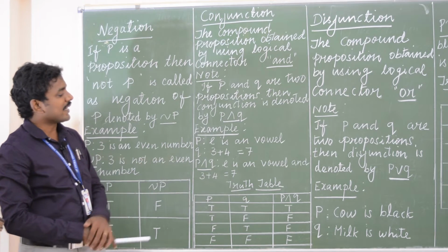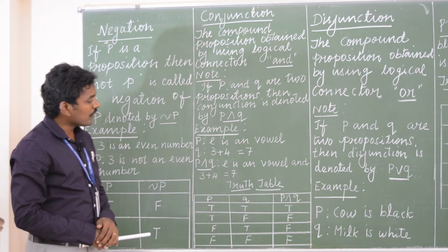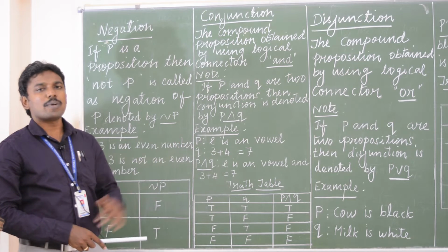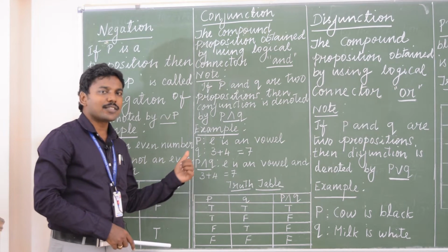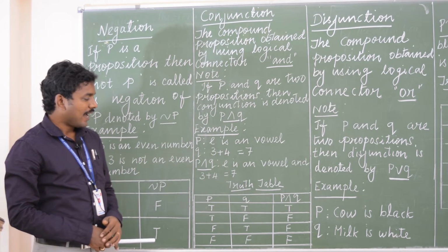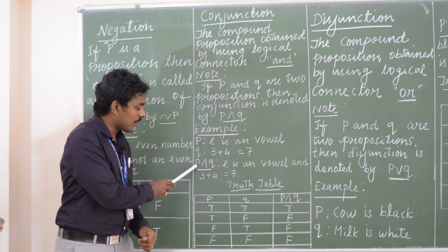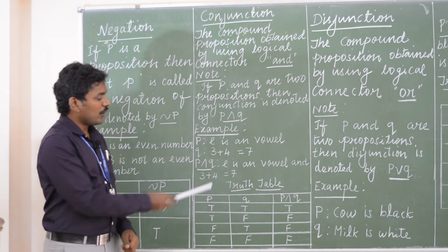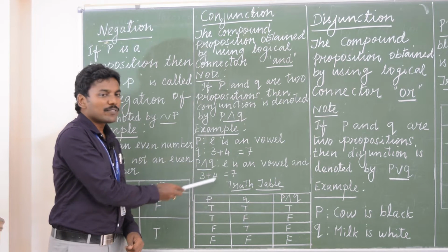Now just observe the example. I have taken P equal to E is an oval and Q equal to 3 plus 4 equal to 7. These 2 are simple propositions, obviously you know. And I want to connect these 2 propositions by using the logical connector, and the symbol is ∧. Never forget, you have to read it as P and Q. P and Q equal to E is an oval and 3 plus 4 equal to 7.